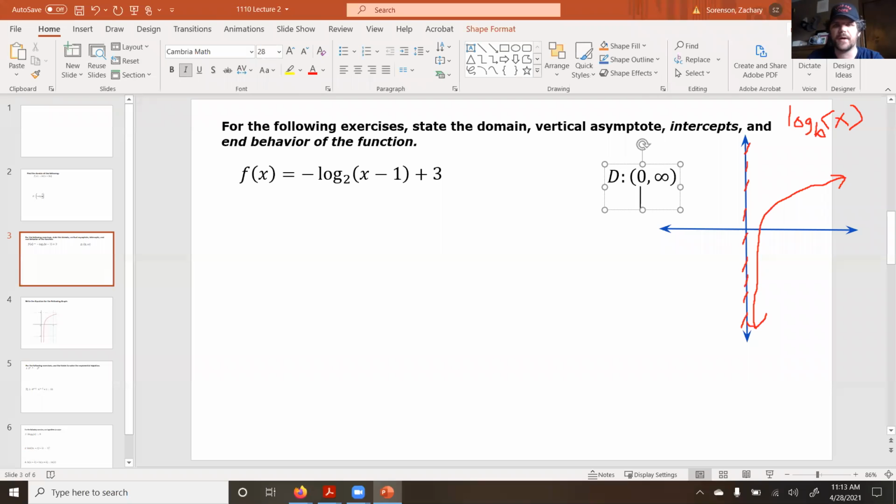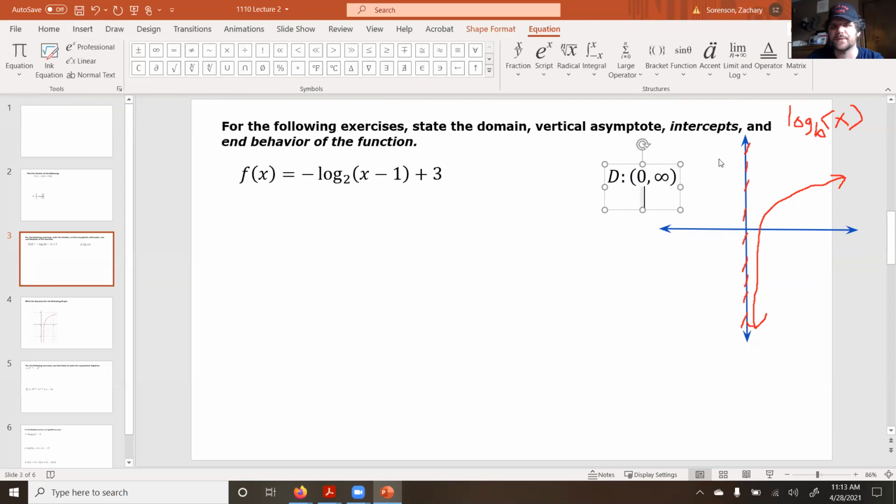Now finding my asymptote is fairly simple as well. I mean, simple is always a dangerous term in mathematics, but finding my asymptote is always going to be where my graph is cut off. We can see in this graph that I have these dashes that give away what the asymptote is. It's where my domain starts or where my domain ends.